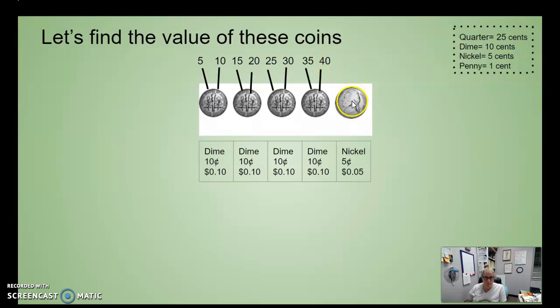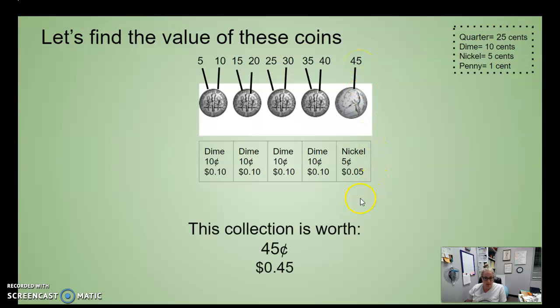Now remember, a nickel is only worth 5 cents, so it's only going to have 1 hair. And when I do that 1 hair, I'm only going to add 5 more to my total, which is going to give me 45. So at the bottom, I'm going to write that this collection is worth 45 cents with my cent symbol, and I'm going to use the dollar sign and say 0.45.